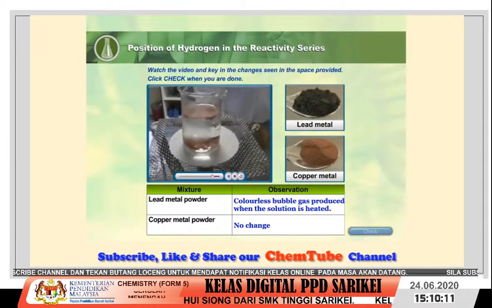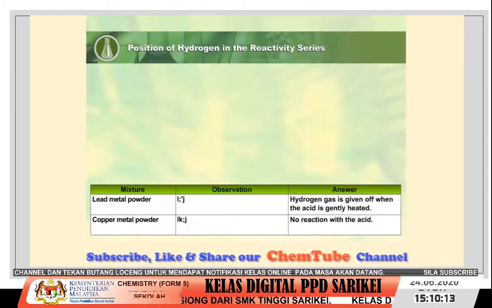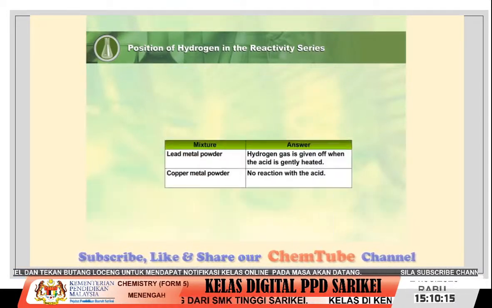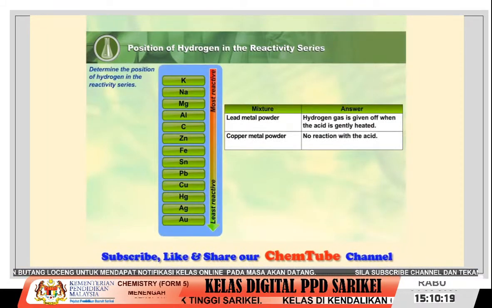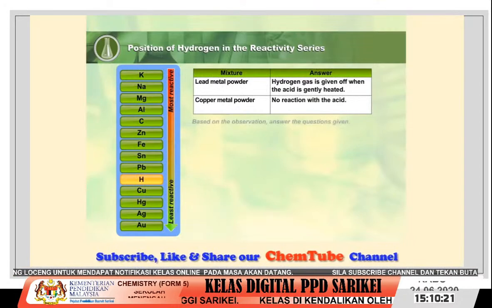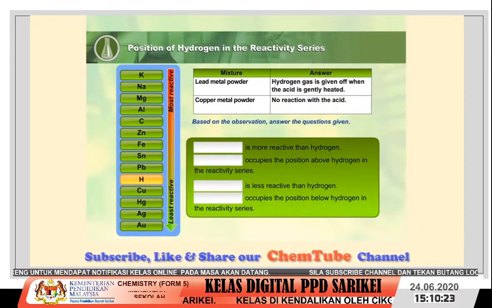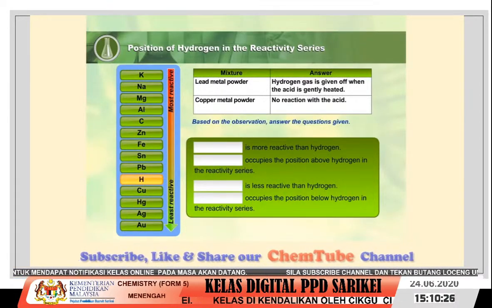Based on the observation, determine the position of hydrogen in the reactivity series. Now, based on the observation, answer the questions given.